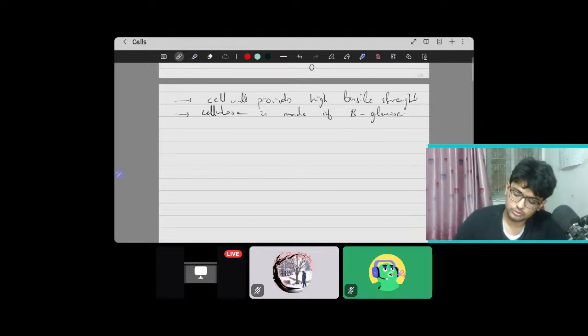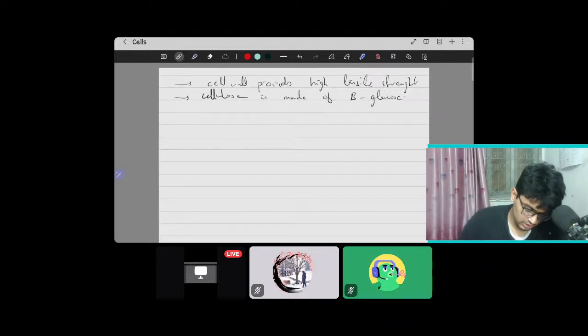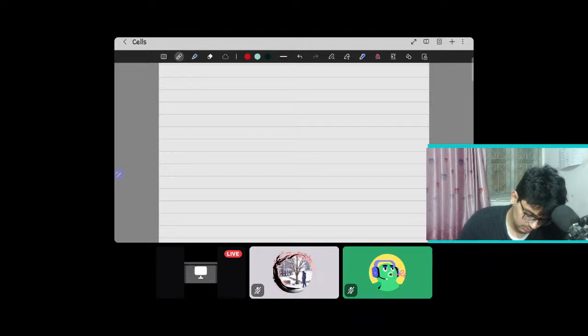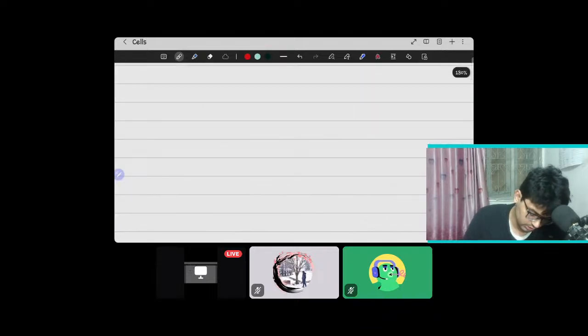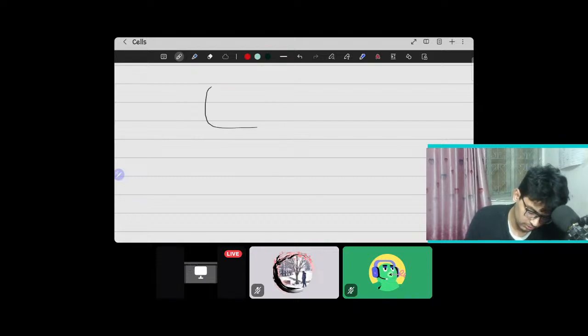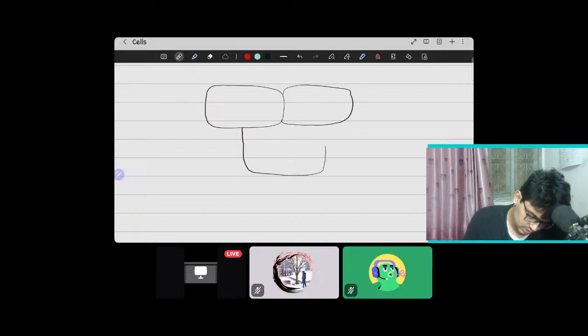One more thing here is that there is something called plasmodesmata present between the cell walls. For example, this is a plant cell here. It is not usually that square, I should just draw it by rough hand. So this is cell number 1, this is cell number 2, and this is cell number 3.